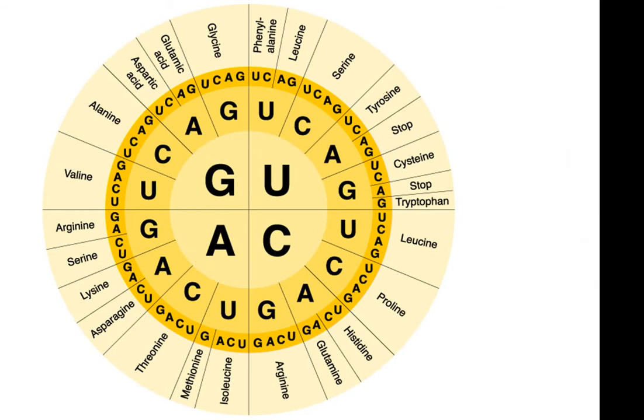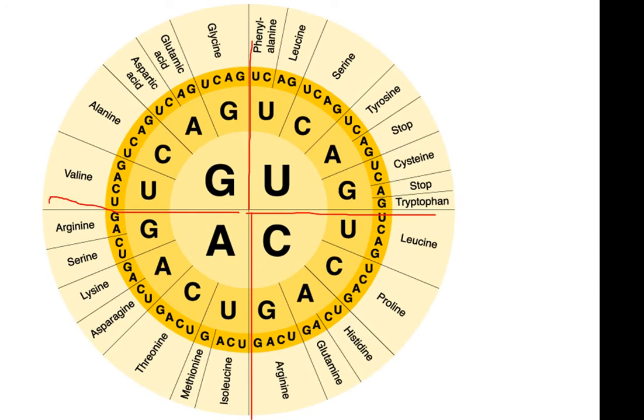Each one of the first bases has its own section. If your first nitrogen base is U, it's got to be one of the ones in here. It's kind of like a pie, and each one of these things is a first base.